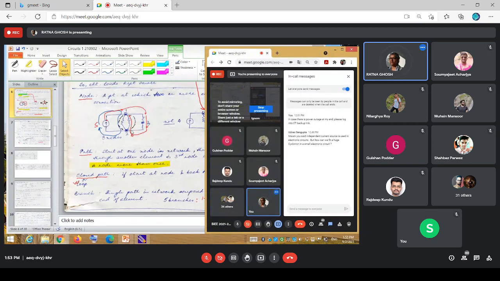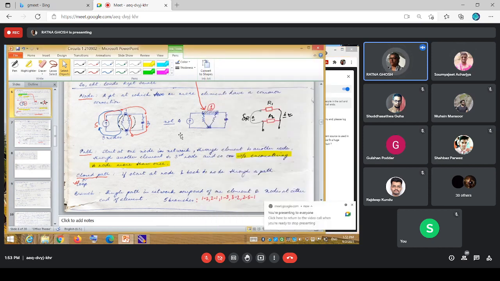I'll give you the formal definition by the next class. Actually, the moment we go into mesh analysis, we'll automatically be looking at the meshes. Let me draw it out here.